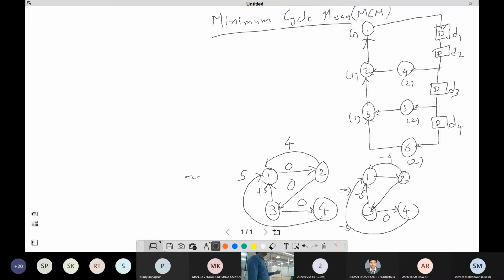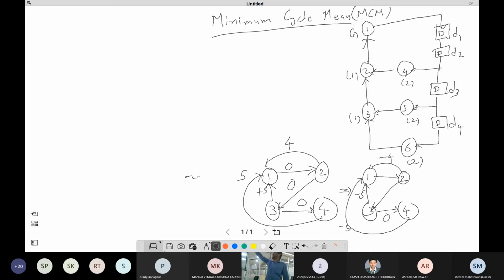Like the LPM method, the complexity of LPM as well as the MCM method depends upon the number of delay elements inside your graph. Okay, so that means the complexity has to do with the number of delay elements, not the number of nodes. Okay, so you need to just ensure that when you talk about the algorithmic method.